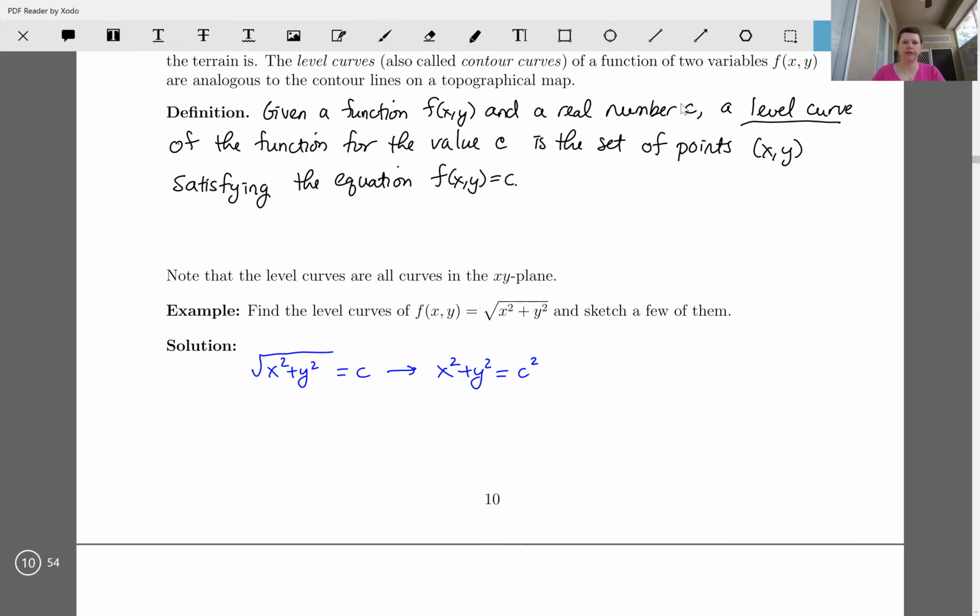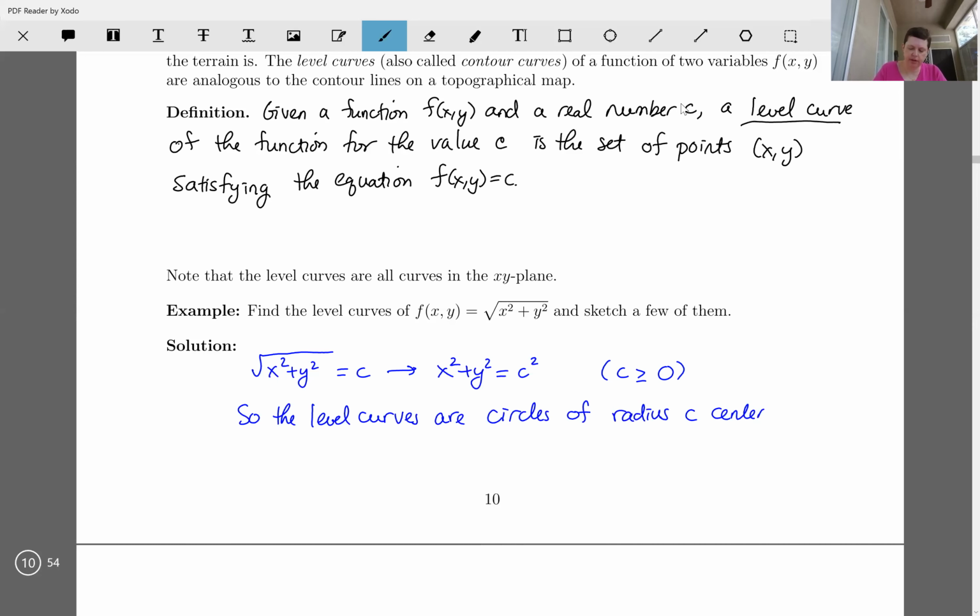But c has to be greater than or equal to 0, of course, because c is really the square root of x squared plus y squared. So the level curves are just going to be circles of radius c centered at the origin, or 0, 0 if you prefer.